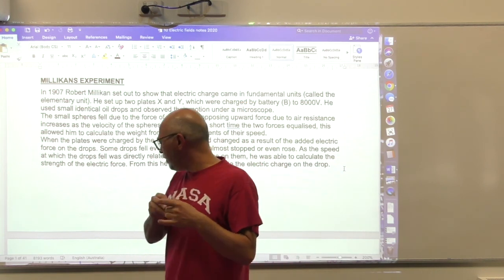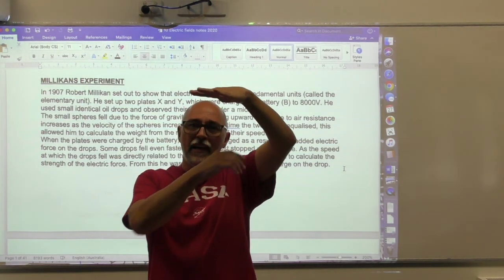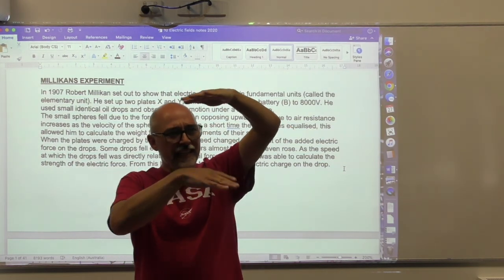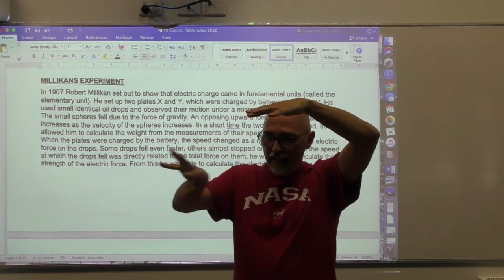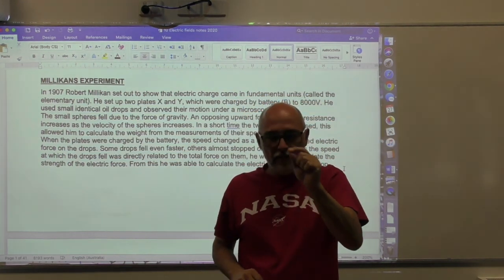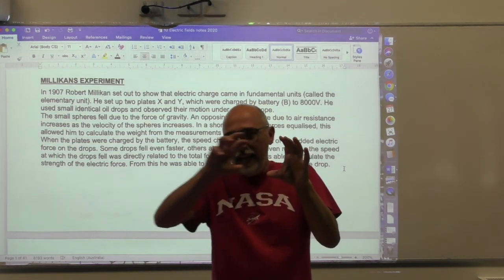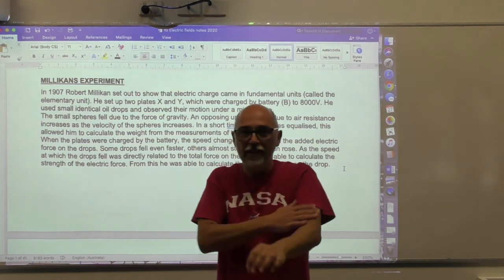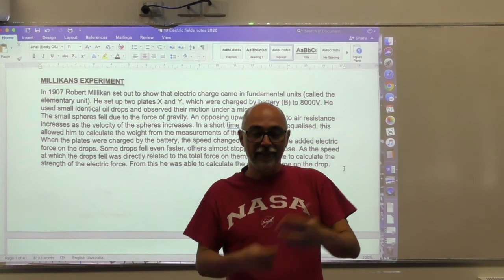Basically, firing between 2 charged plates in a vacuum, not always in a vacuum actually, sometimes in air as well, you'd spray tiny microspheres of oil and watch how they react. As they move, the spheres themselves become electrically charged, and so they interact with the field that they're inside.